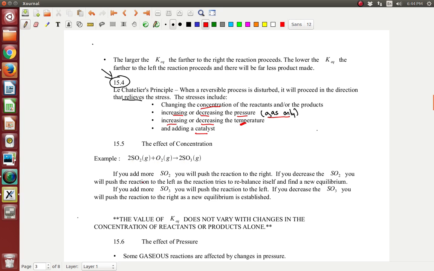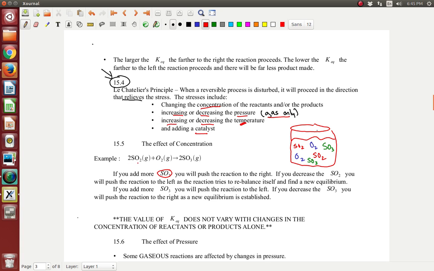Here we have a reaction vessel, and inside this reaction container, we're going to have some SO2 and some of the other things. I went ahead and drew them all.